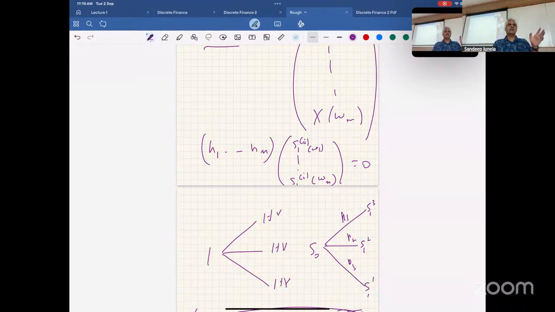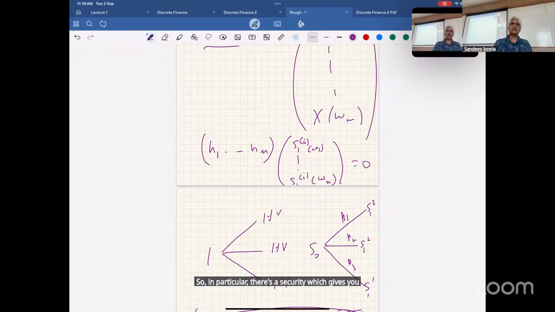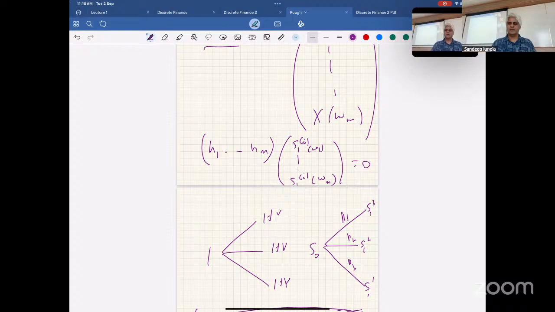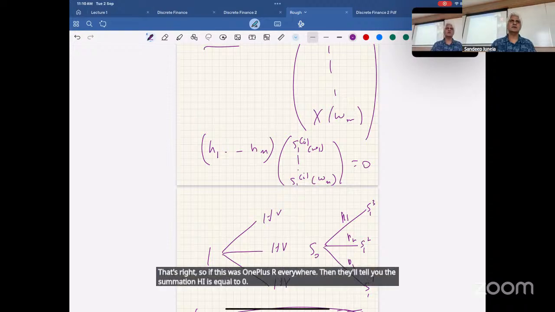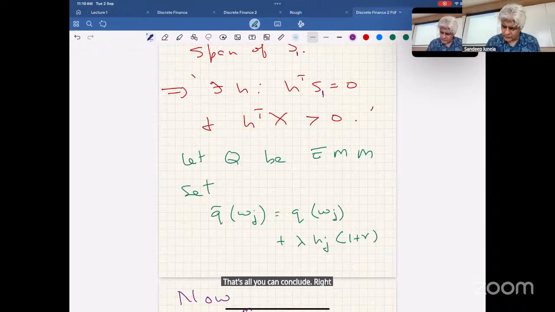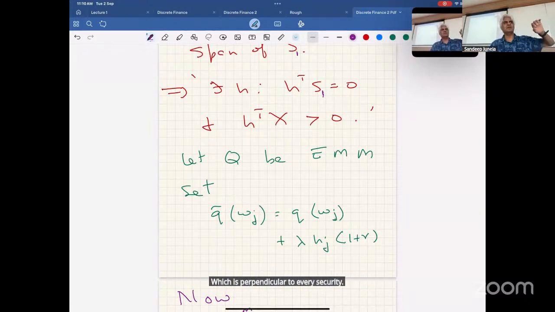Such an H is perpendicular to every security. In particular, there's a security which gives you 1 plus R in every scenario, so the summation of Hi is equal to 0. That's all you can conclude. So such an H exists which is perpendicular to every security, but with X it's not perpendicular. It has a positive component.